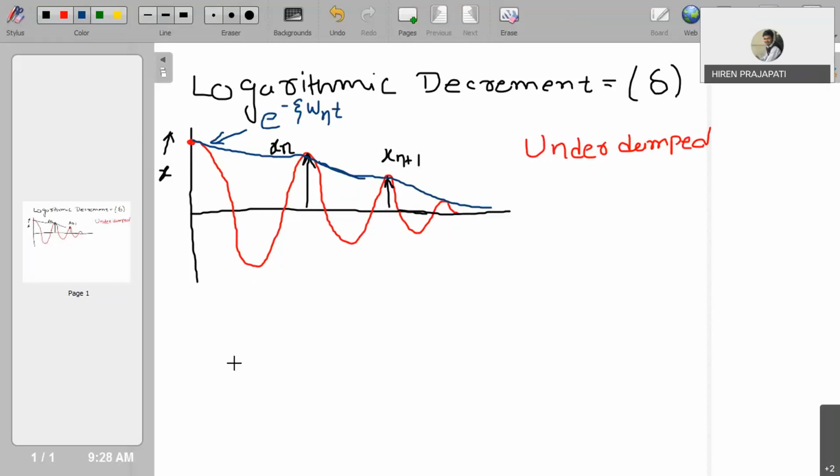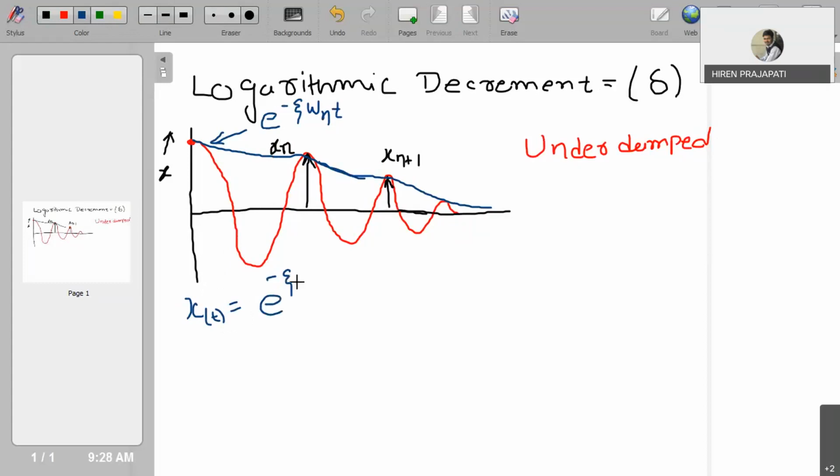The response equation for an underdamped system is, in general, x with respect to time equals, you know this equation, right?